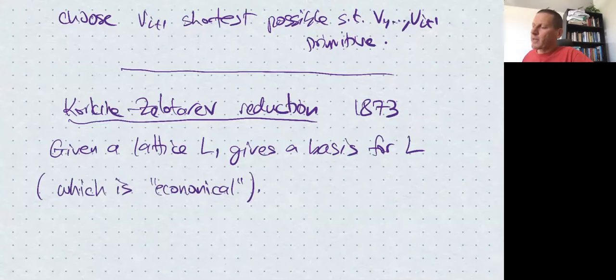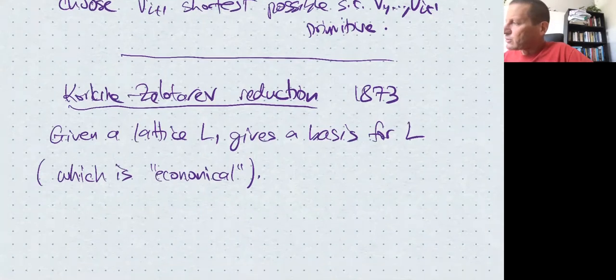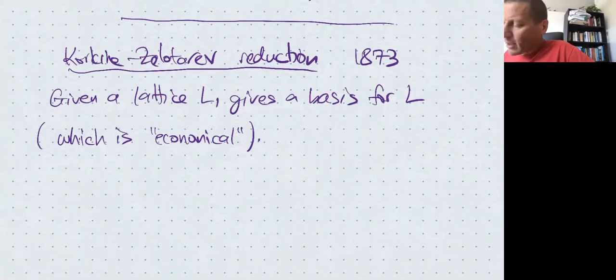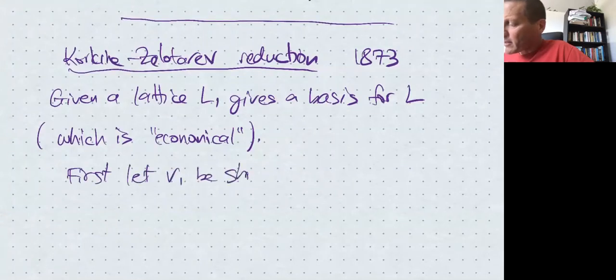It's an economical basis in some sense. You don't choose terribly long vectors, but I'm not making this notion of being economical precise. Okay, so here's what you do. First, let V1 be the shortest non-zero vector.